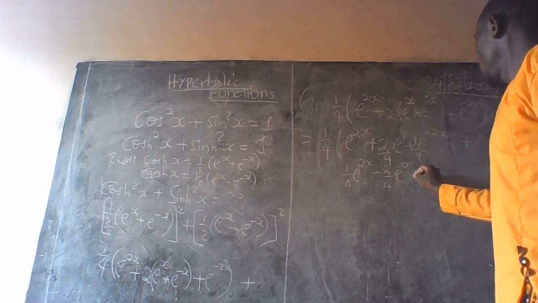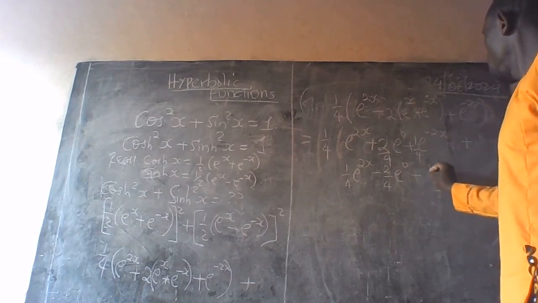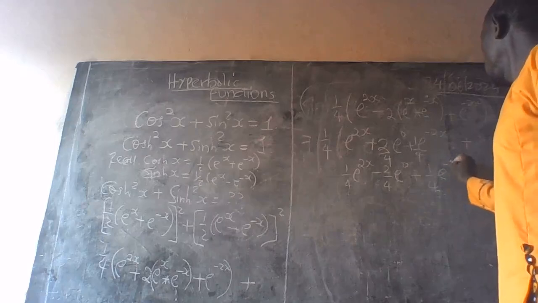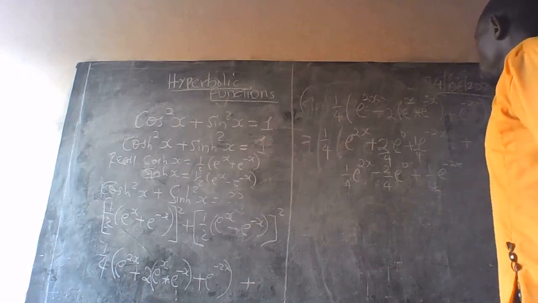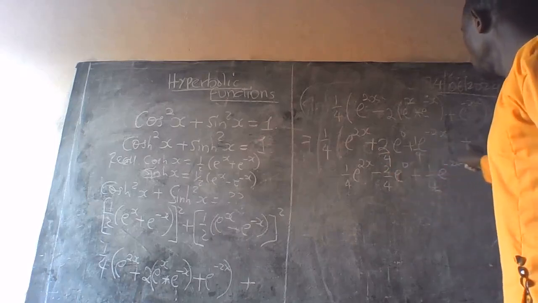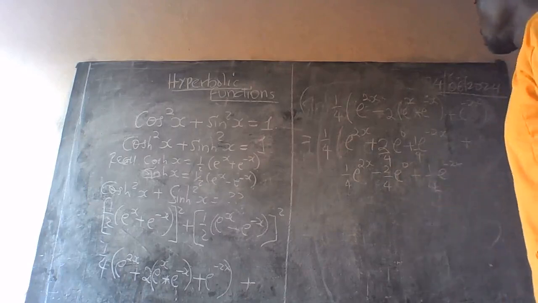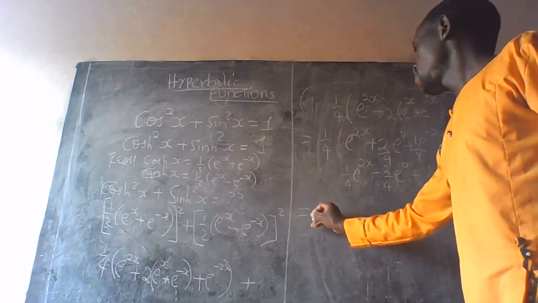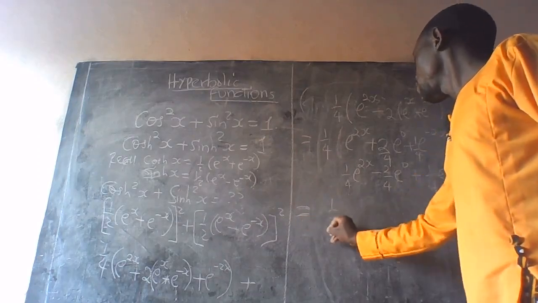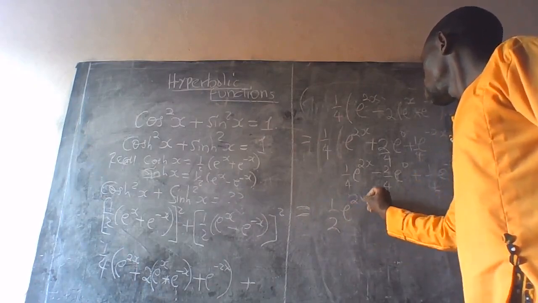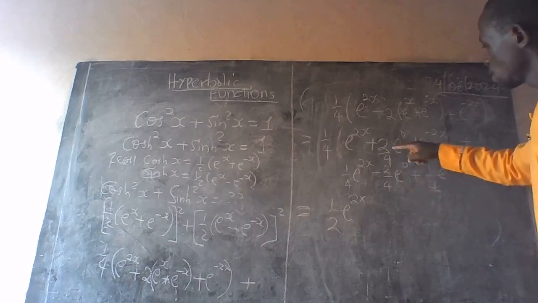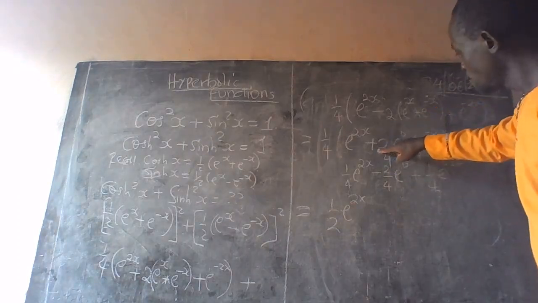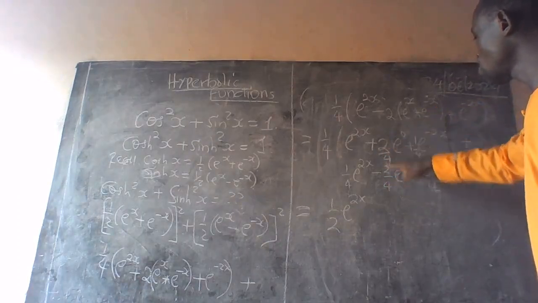And then plus a quarter e^(-2x). So when we add the like terms, as you can see, this and this adds up to give us a half e^(2x).